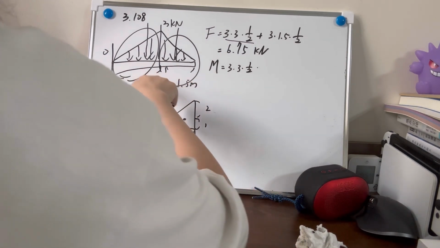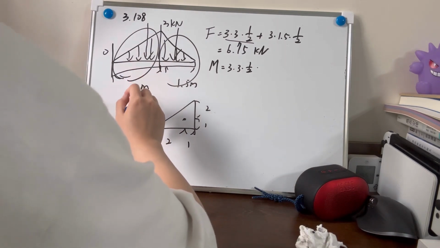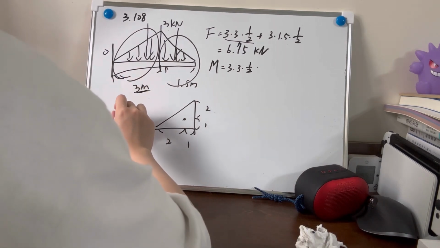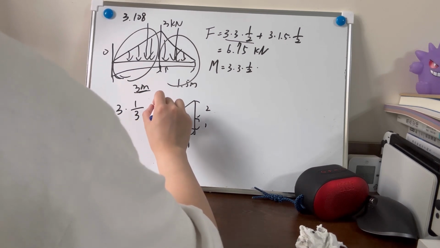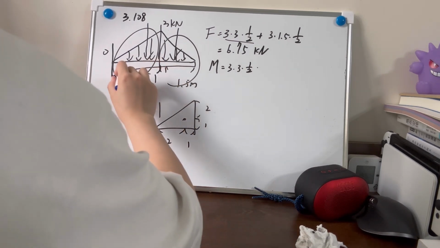The centroid is 1/3, so if here is 3, we have to times 1/3. Here is 1, so it's 1 and 2.